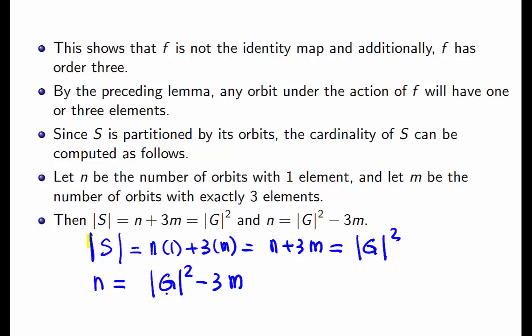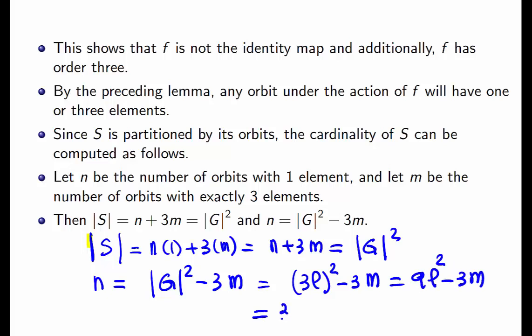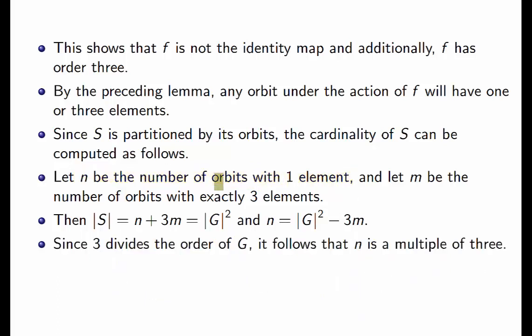Keep in mind that the order of G is a multiple of 3, so we can write it as 3l, giving 9l squared minus 3m, and we can factor 3 out to get 3 times (3l squared minus m). So 3 has to divide n, where n is the number of orbits with 1 element.